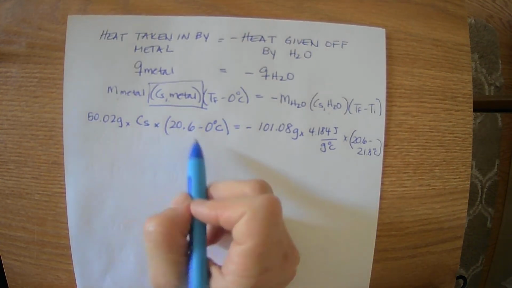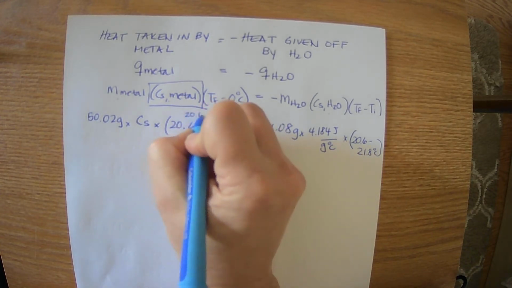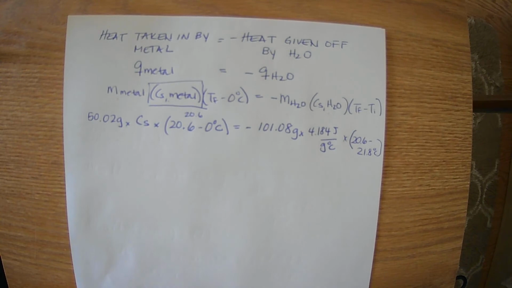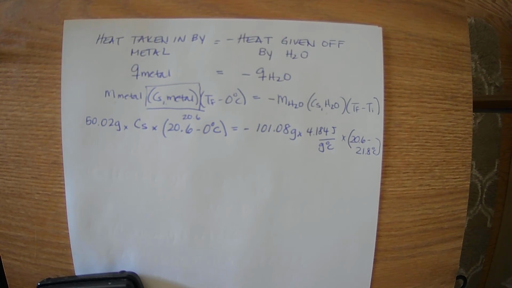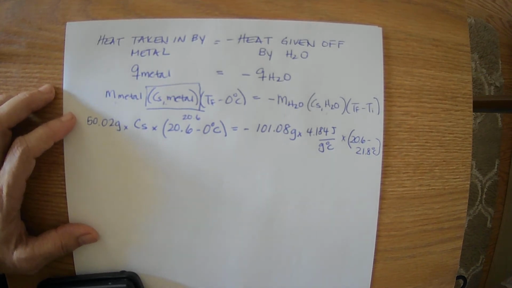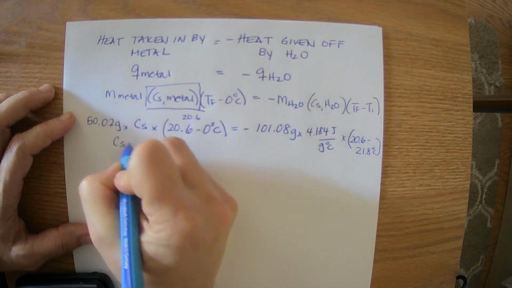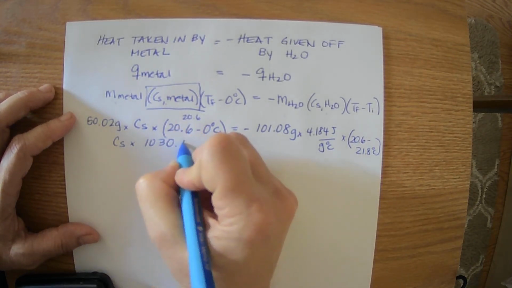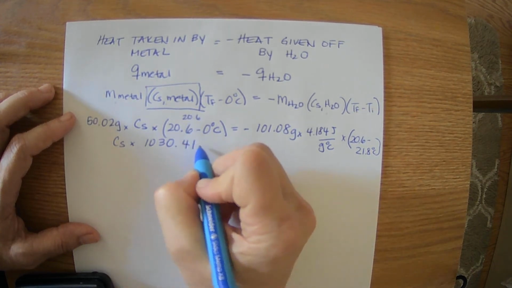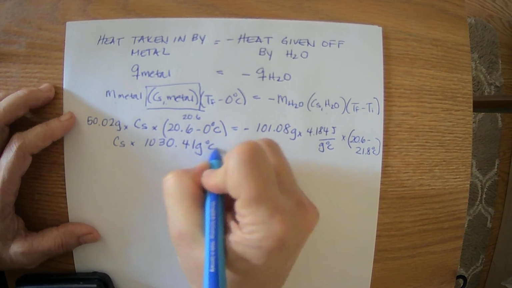Okay, so we're going to calculate these through. So this is just 20.6, so I'm just going to multiply that by 50.02. 50.02 times 20.6 gives 1030.41, and this is going to be grams times Celsius.